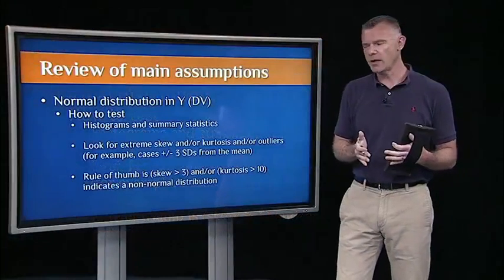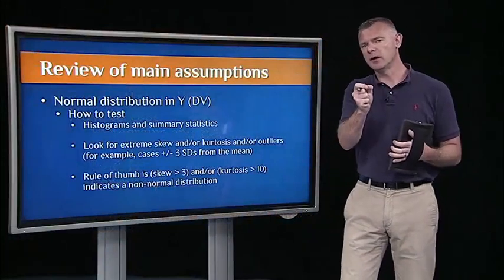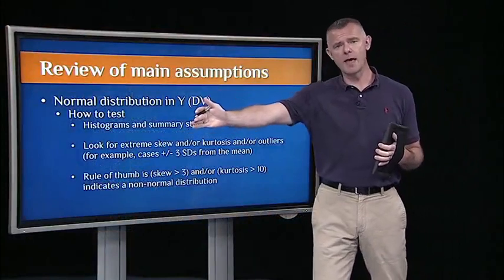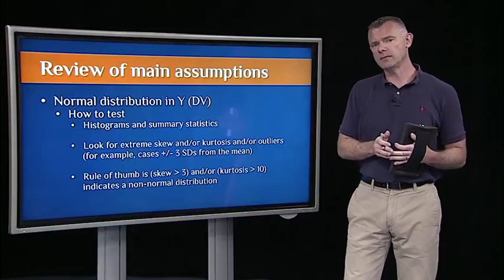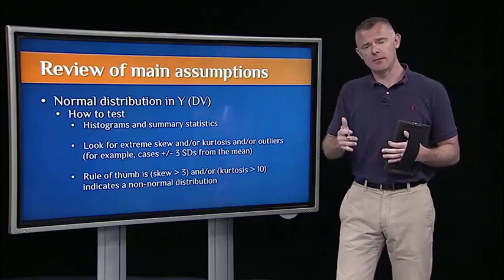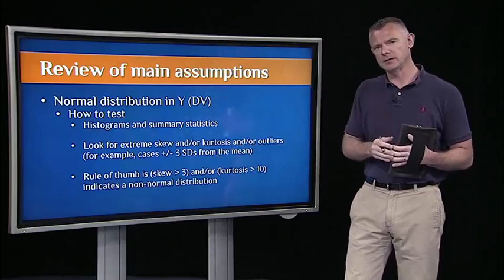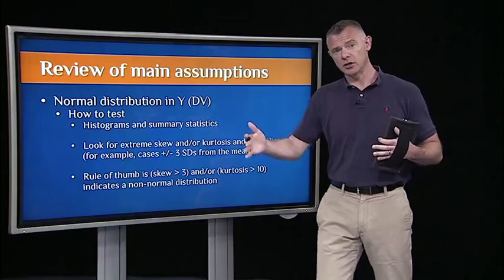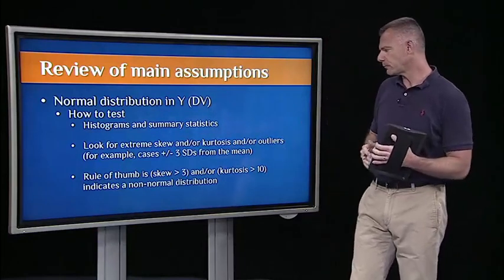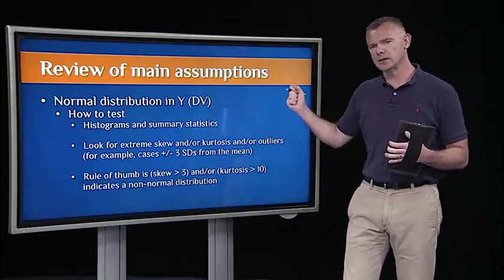A common rule of thumb is 3 standard deviations. If an individual data point is 3 standard deviations away from the group mean, then we might consider that case an outlier and maybe drop it from our sample or trim it so that it's not creating such a large skew value.